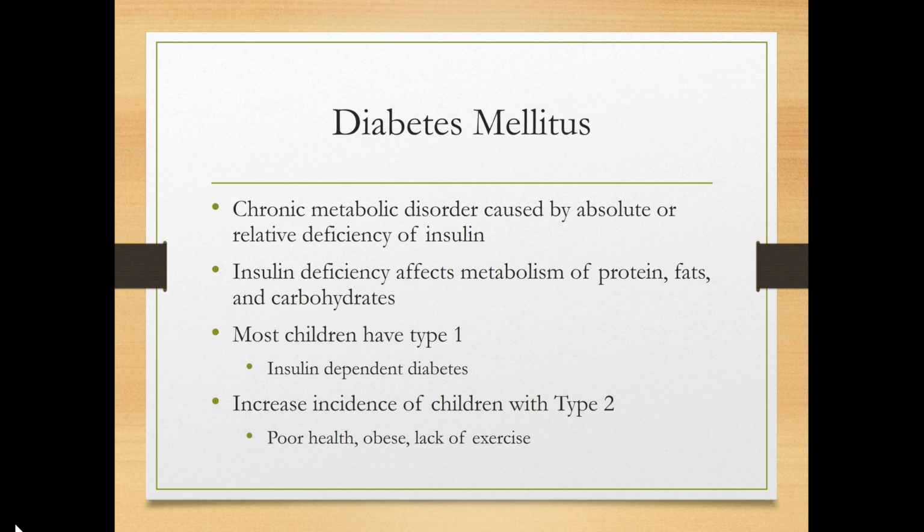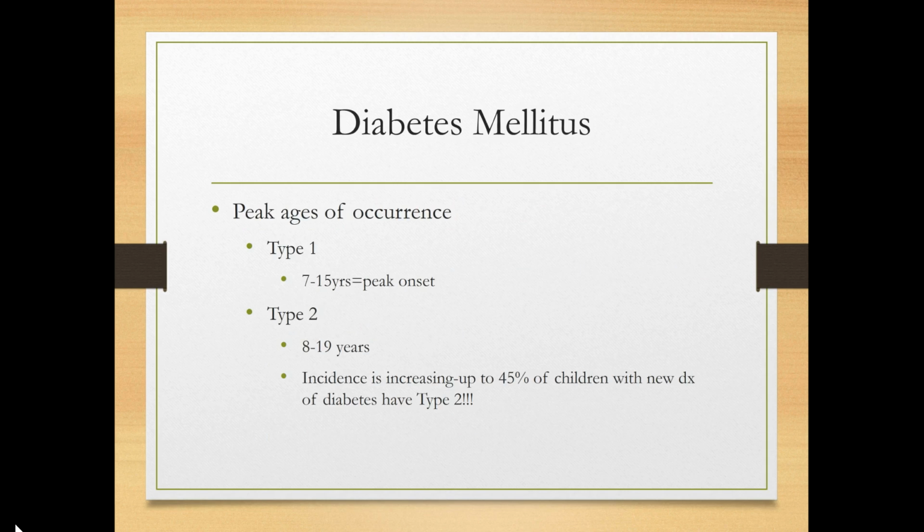However, we have seen a humongous increase in type 2 diabetes in children because of the obesity epidemic. I've even seen a 3-year-old diagnosed with type 2, so it is happening, and you will probably deal with patients who have had type 2 since they were children, regardless of whether you're in the pediatric population.